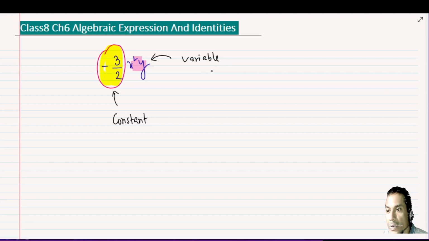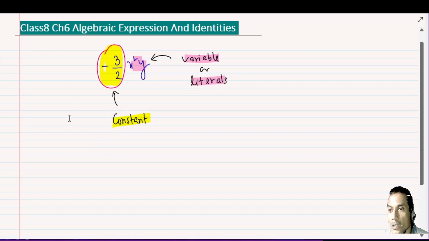The name of this part is actually the literals. Literals. Clear? This is the alternate name. This is also called the literals or the variables, and this is the constant. Clear?